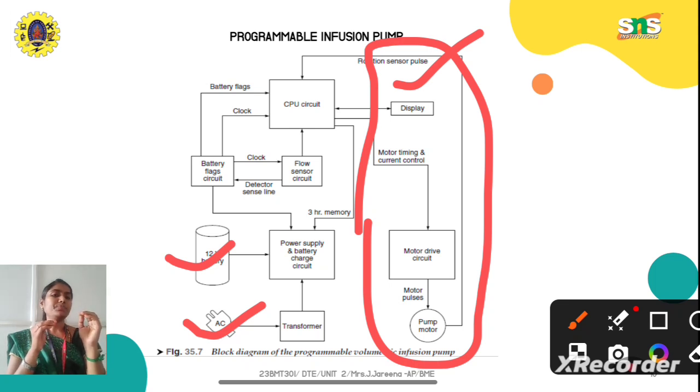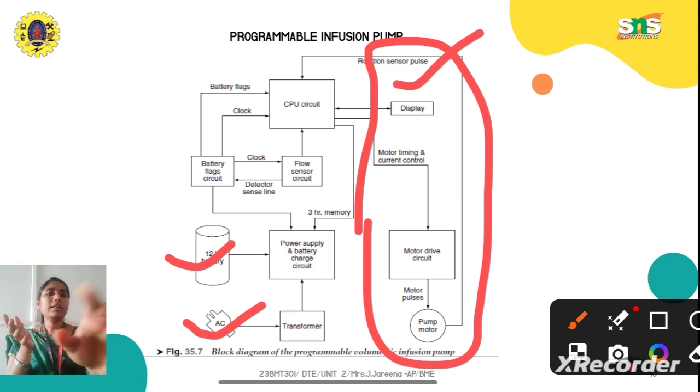If the motor is running properly, the CPU will not take any control action. Otherwise, if there is a need to control the rotation, the CPU will receive the information from the rotation sensor pulse and instruct the motor drive circuit to increase or decrease the speed of the motor. This is the role of a feedback-controlled infusion pump.